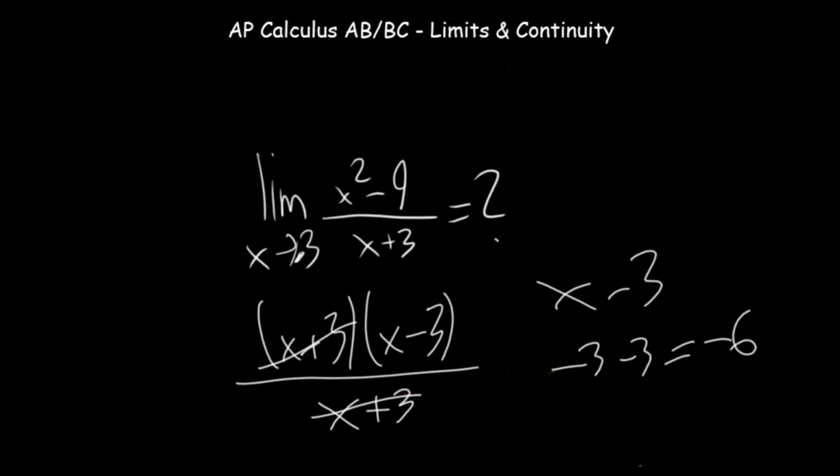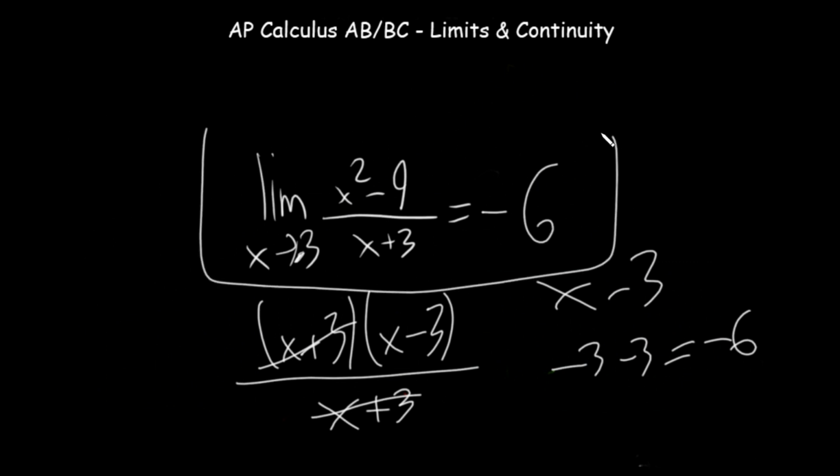You get -6. -6 is your limit. That's basically what the factoring method is saying. For some questions, you can't really substitute the number directly into the function as it is, because you still have to factor it a little bit.